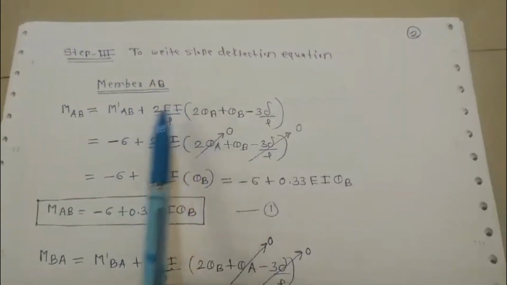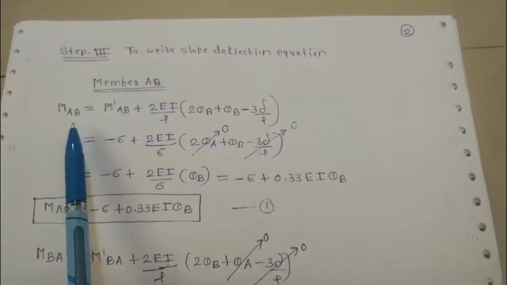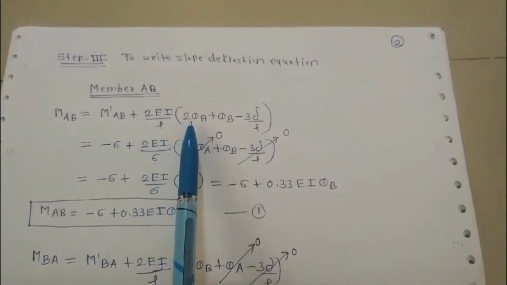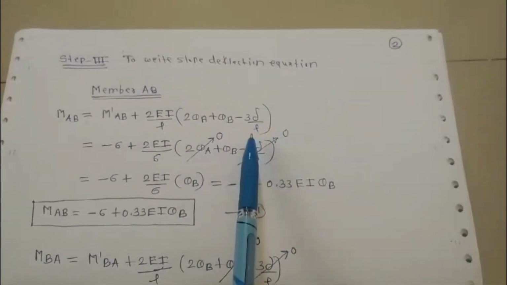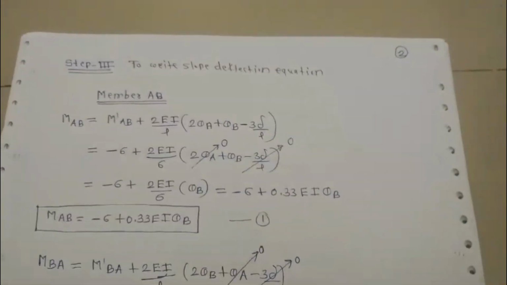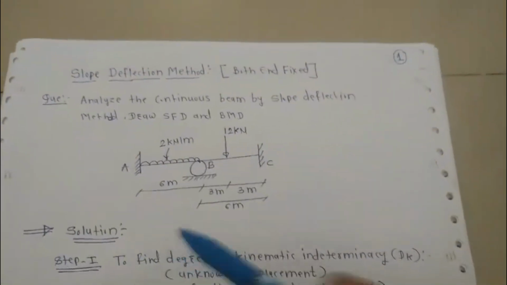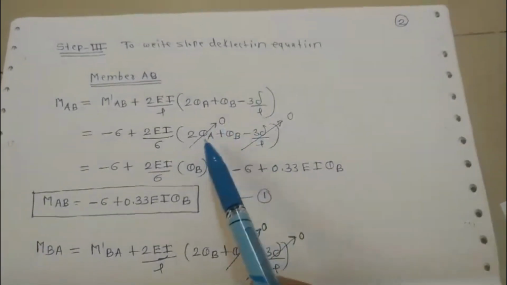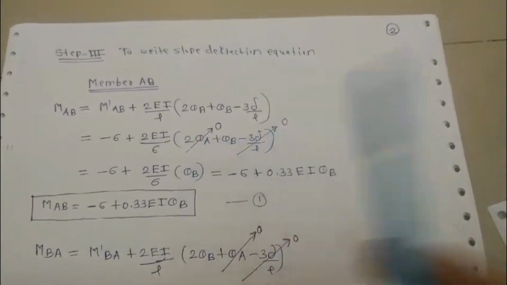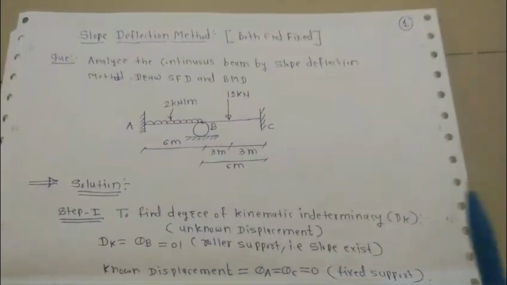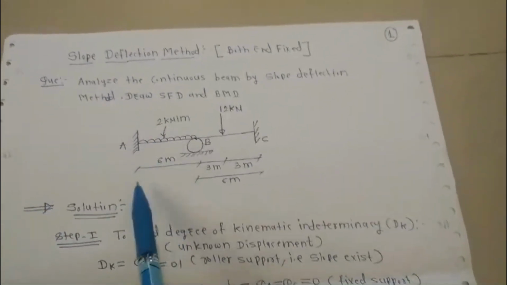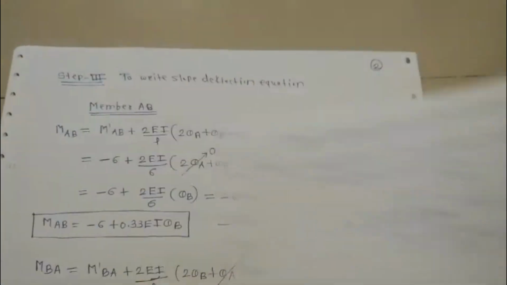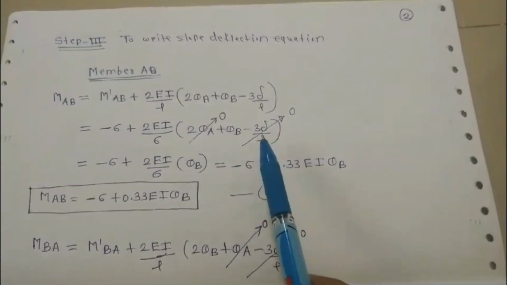For member AB, the slope deflection equation is MAB is equal to M'AB plus 2EI upon L in bracket 2 theta A plus theta B minus 3 delta upon L. At support A, there is a fixed support, hence the slope value will be 0, and the vertical displacement is also 0, that is at A as well as at B, so delta is 0.